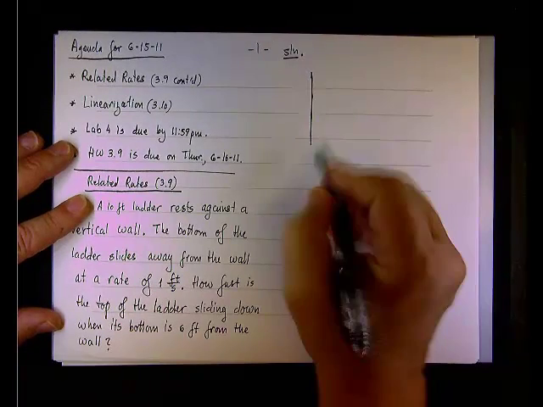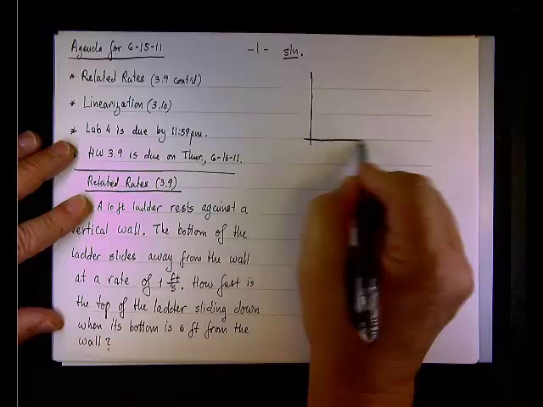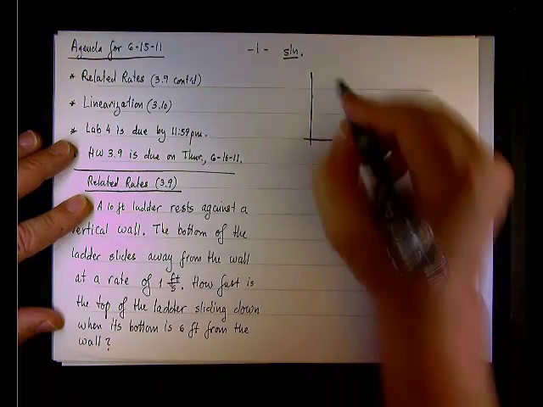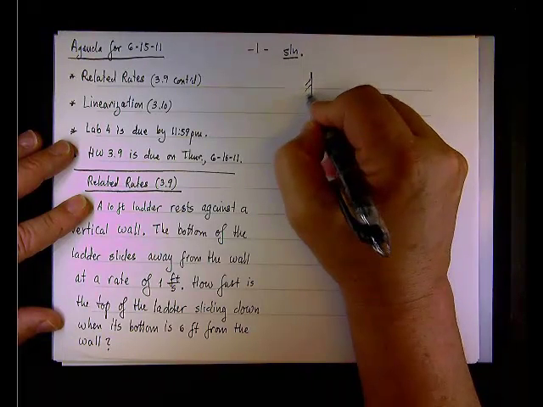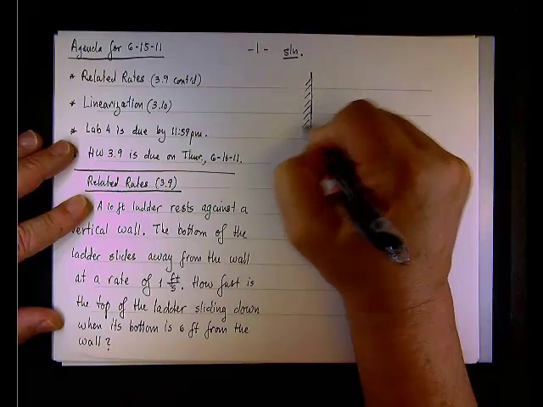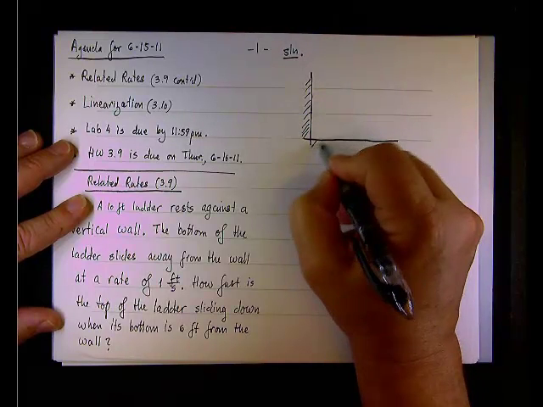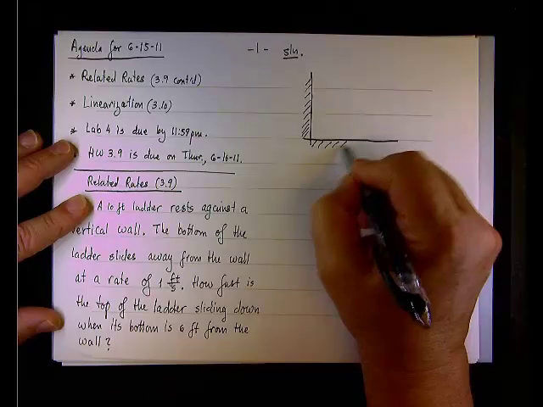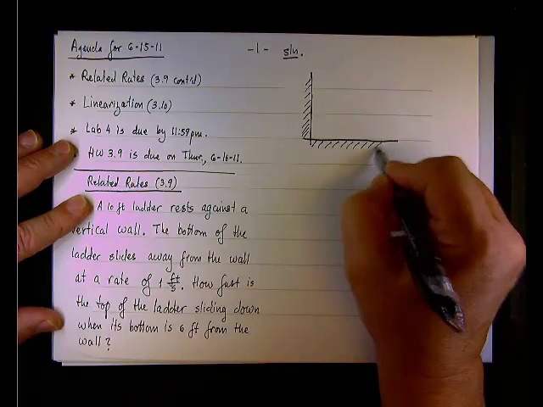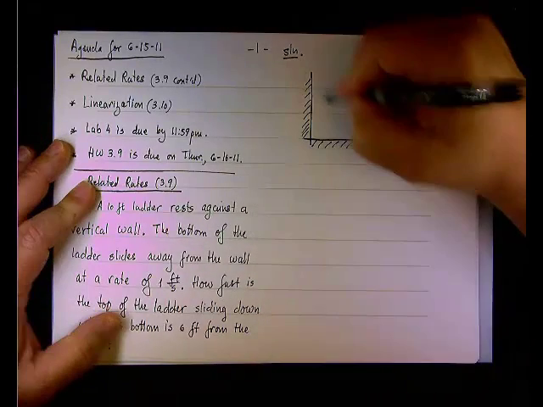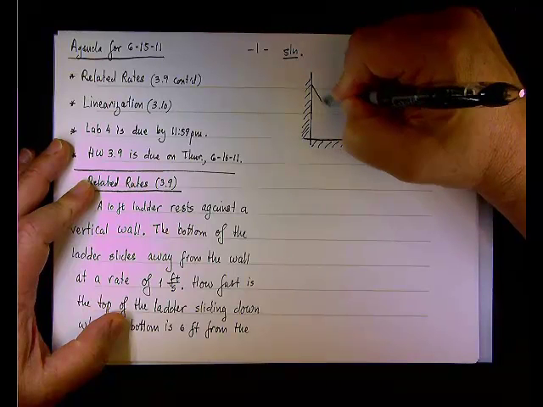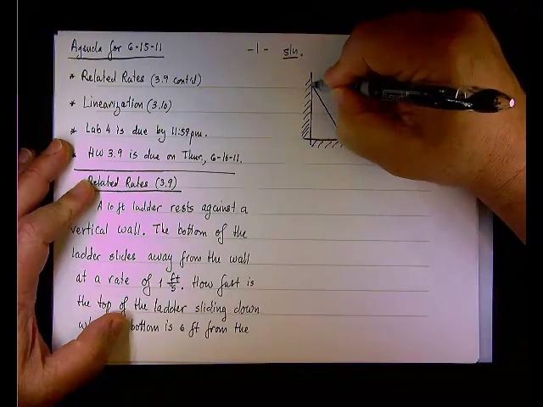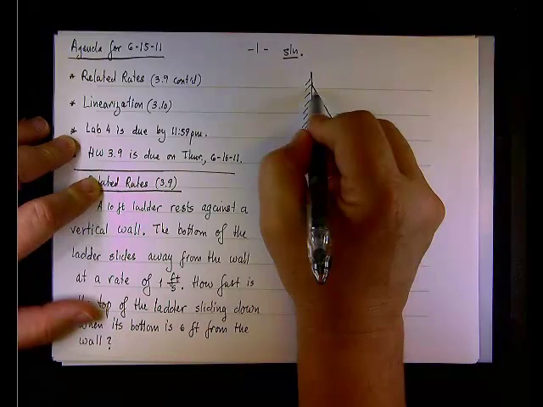We do have a wall, and we do have a floor, like so. So here's the vertical wall and the horizontal floor. And the ladder rests against the wall, like so.